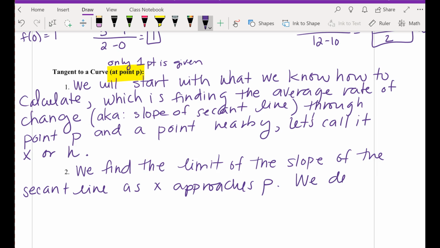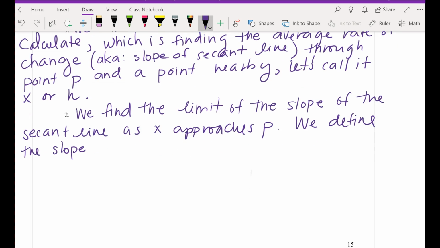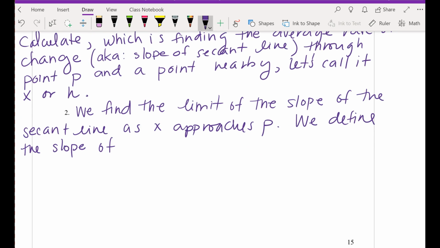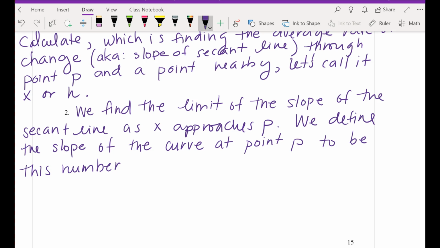We define the slope of the curve at point P to be this number. Okay, whatever that number is. So as X gets closer and closer to P, whatever the given point P is, it's going to give you a number.